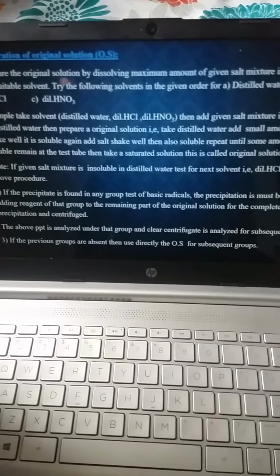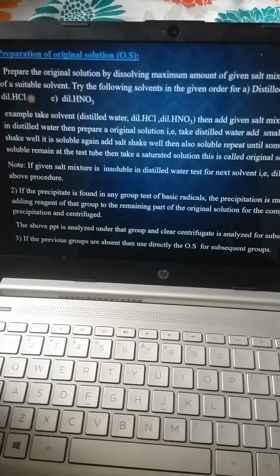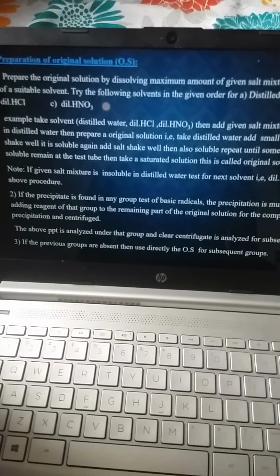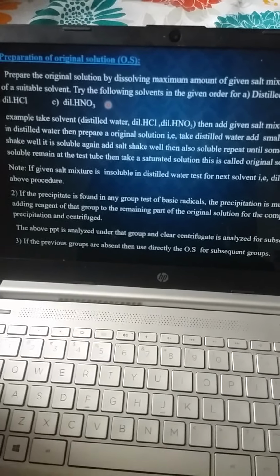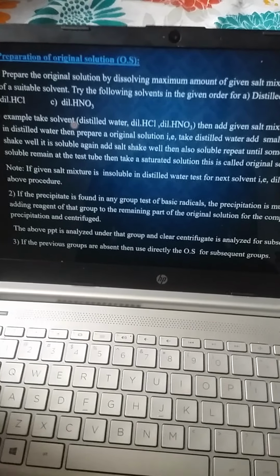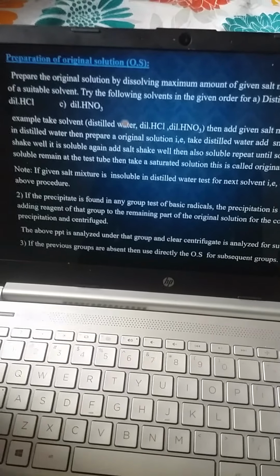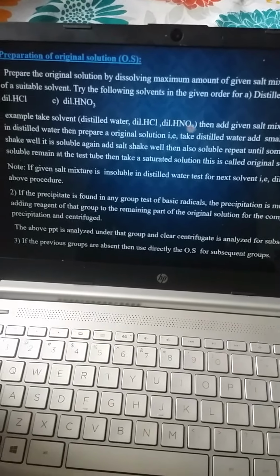The solvent is either distilled water, dilute HCl or dilute HNO3. For example, take a solvent in a test tube. The solvent used is distilled water, or you can use dilute HCl or HNO3.